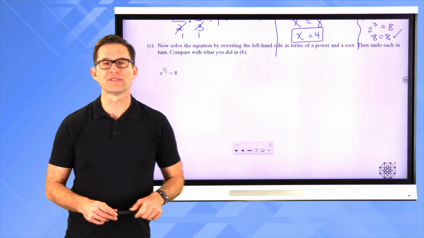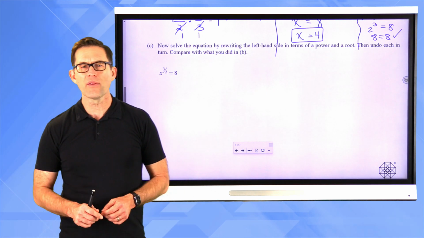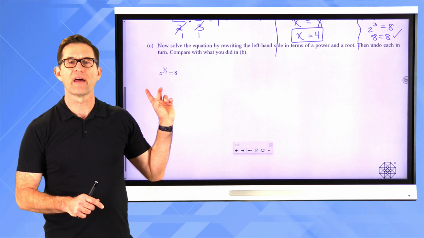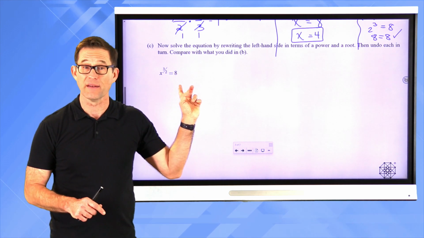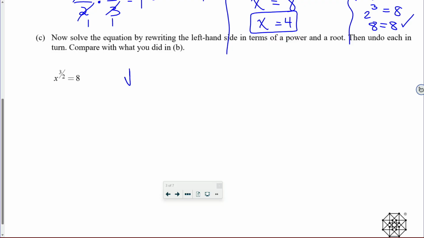Let's take a look at letter C. Now solve the equation by rewriting the left-hand side in terms of a power and a root. Then undo each in turn, compare with what you did in B. All right, so in other words, I can also think about this as I've got x to the 3/2 is equal to 8. Okay? And I could rewrite this thing as the square root of x to the third is equal to 8.